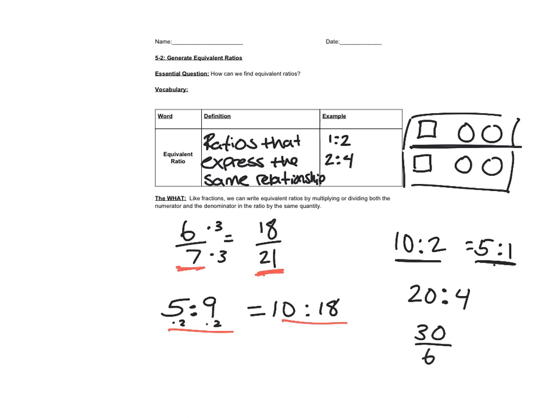See, I just multiplied, in this case, the 10 times 3 and the 2 times 3. Here, for this one, I did 10 times 2 and 2 times 2. So you're just multiplying by the same number. It's that form of 1.